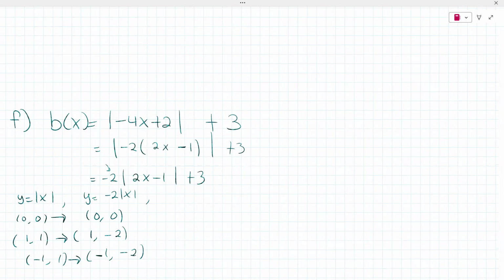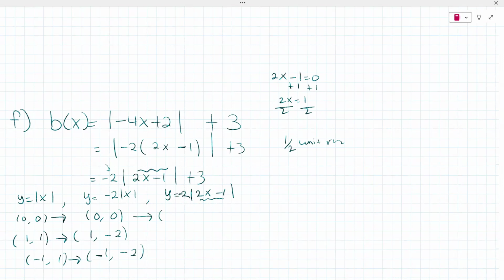Okay. Now that 2x minus 1 is a horizontal shift of, I believe, 1/2 unit to the right. And how do I know that? Basically, you can set whatever is inside the absolute value to 0, and then solve for x, right? You could do that. So we have a horizontal shift of 1/2 unit to the right.